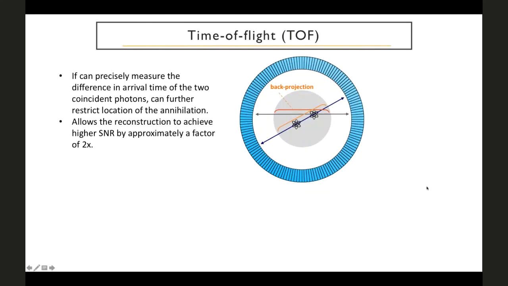And the idea here is that instead of merely measuring where the pair of photons strikes, if in addition to that we can measure the difference in their arrival times, then instead of saying, oh, I got an event here, I got an event over there, it must have been somewhere along a line connecting them, I can say, well, because this photon got here this much sooner than this photon over there, the location along there is restricted by some amount. It's not that entire line.